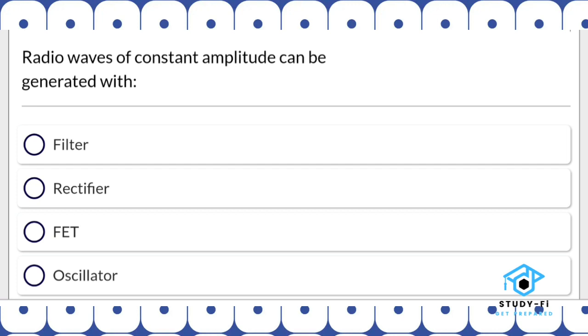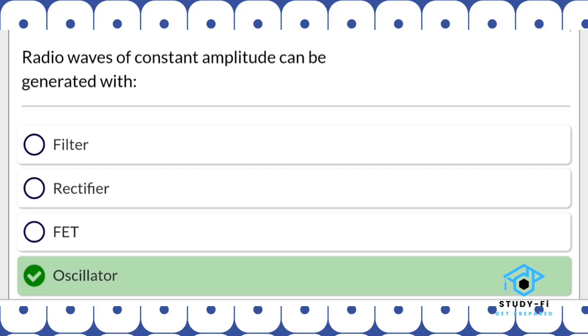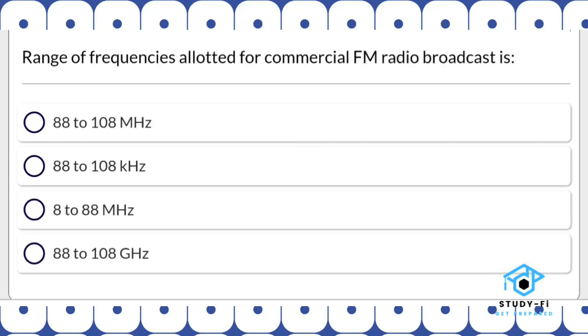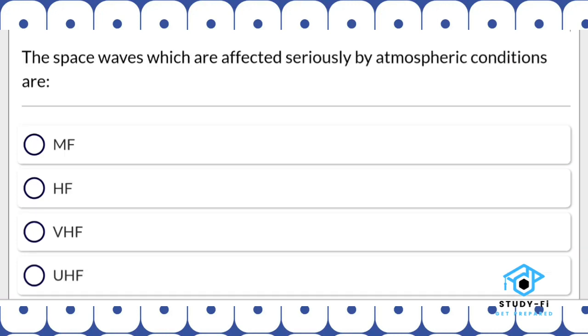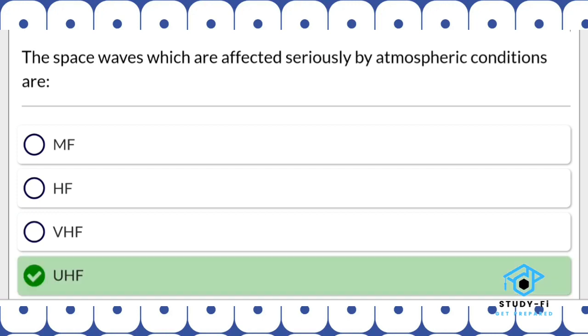Radio waves of constant amplitude can be generated with oscillator. Range of frequencies allotted to commercial FM radio broadcast is 88 to 108 MHz. The space waves which are affected seriously by atmospheric conditions are ultra high frequencies.